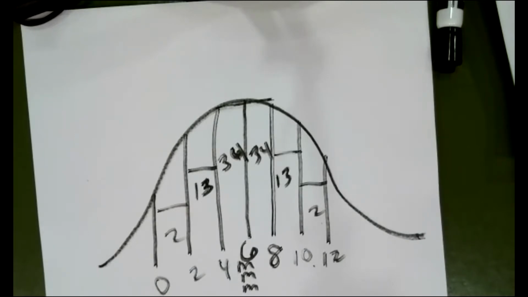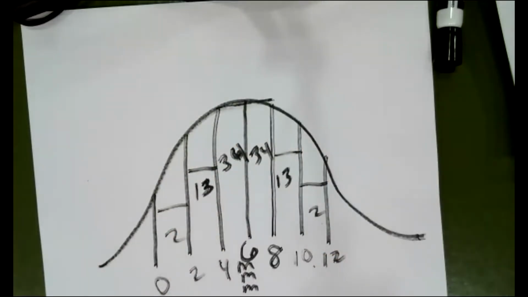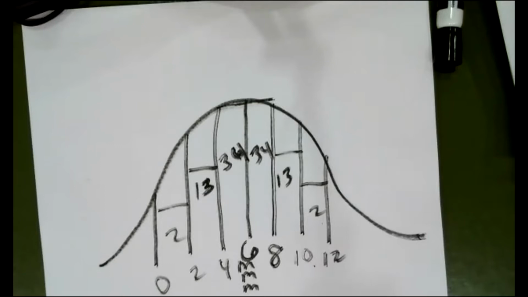Okay, we can also add in probabilities. And the way that we would do this is in calculus, you learn something for solving the area under the curve. And in the curve, as long as we know how much should be in here, we would say, what's the probability somebody stayed from 0 to 2 days? Oh, about 2%. The probability that somebody stayed from 4 days or less, 13 plus 2, 15%.